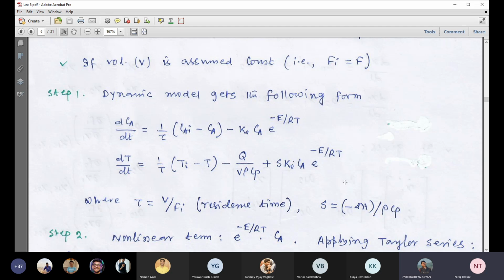Sir, I got 3 terms. Then the first term would be a constant, that would be e to the power minus E by RT naught, multiplied with CA naught.